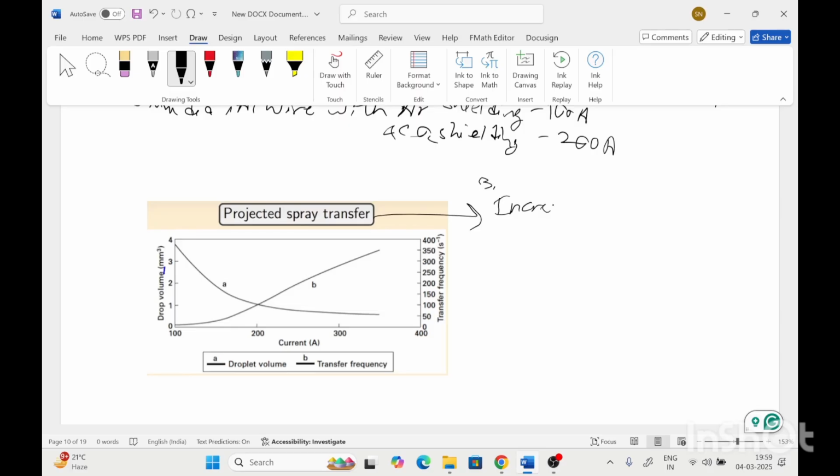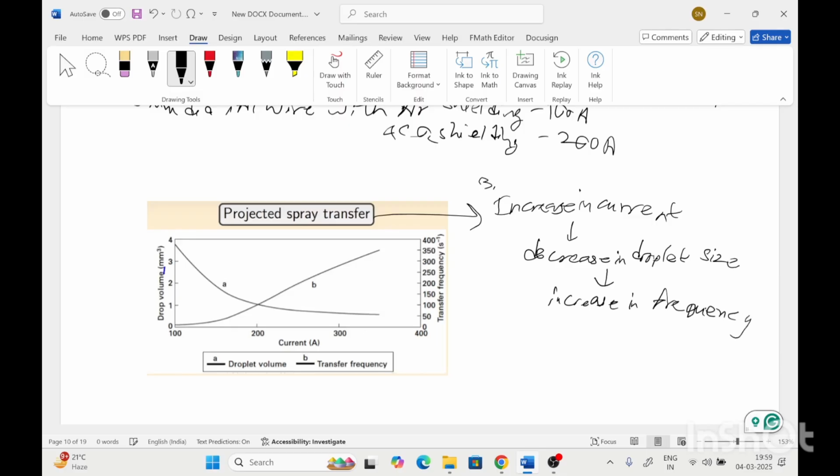When current is increased, it leads to a decrease in droplet size, which further leads to an increase in the frequency of drop detachment.